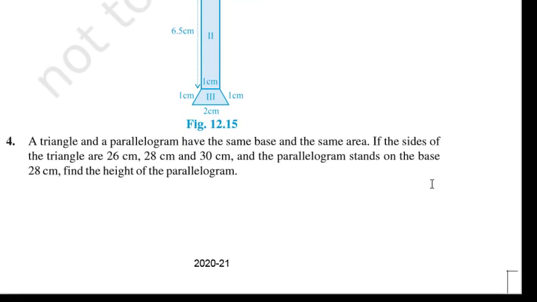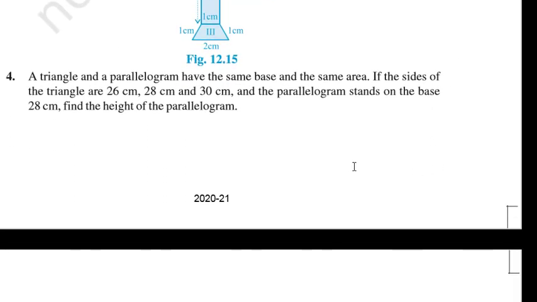Next question is, a triangle and a parallelogram have the same base and same area. If the sides of the triangle are 26, 28, 30 and the parallelogram stands on the base 28, find the height of the parallelogram.